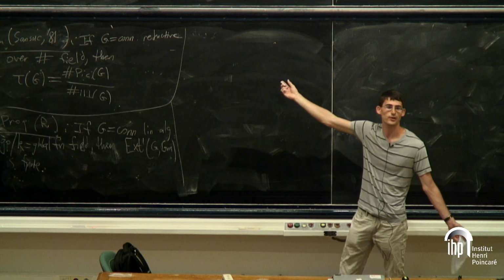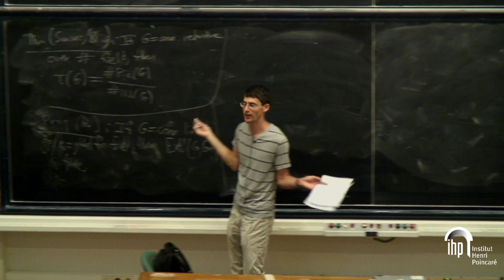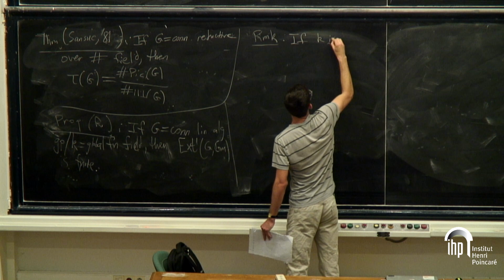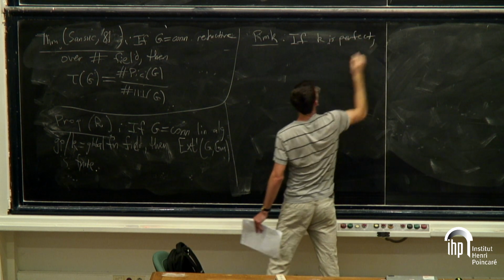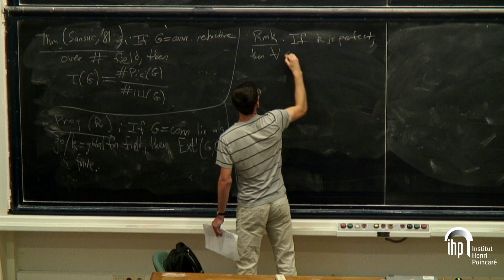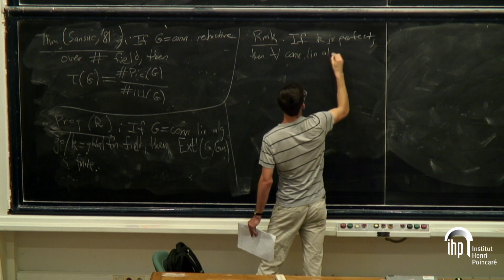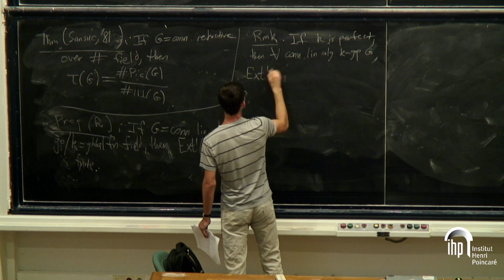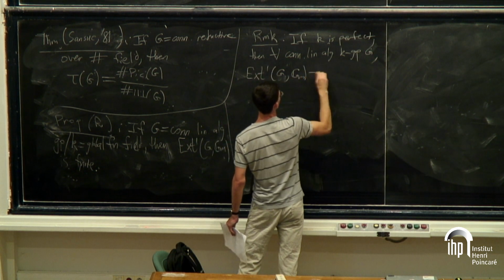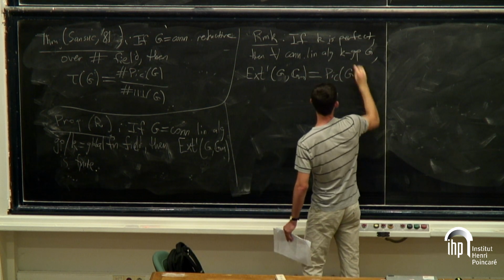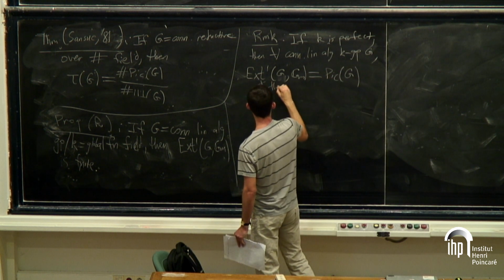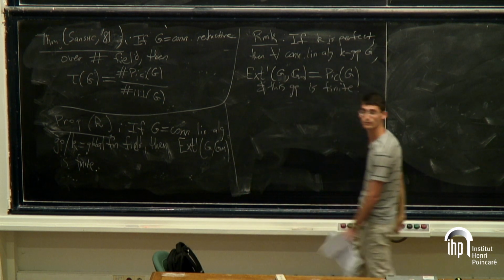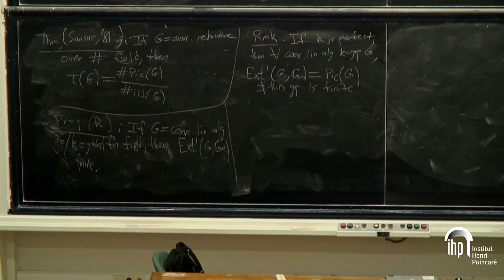So remark here. If K is perfect, so for example, a number field, then for any connected linear algebraic K-group G, X^1(G, G_m) is the full Picard group. Every line bundle is translation invariant, and this group is finite. So it recovers Sansuc's formula in the number field case.